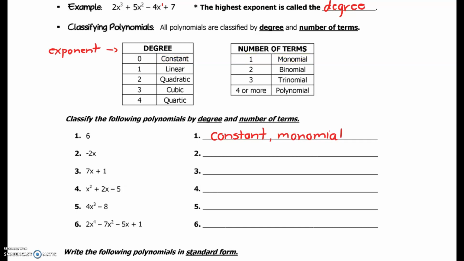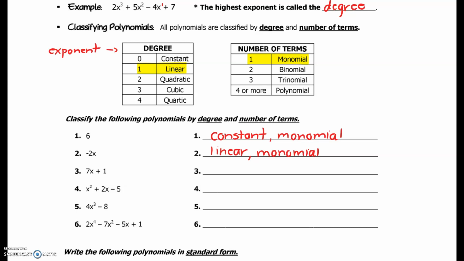For number 2, you have negative 2x. Keep in mind there's an exponent of 1 after this x. So 1 is your degree, so we find a degree of 1, which is linear. And there is still only one term, so one term known as monomial. For the third one, we see the same idea.